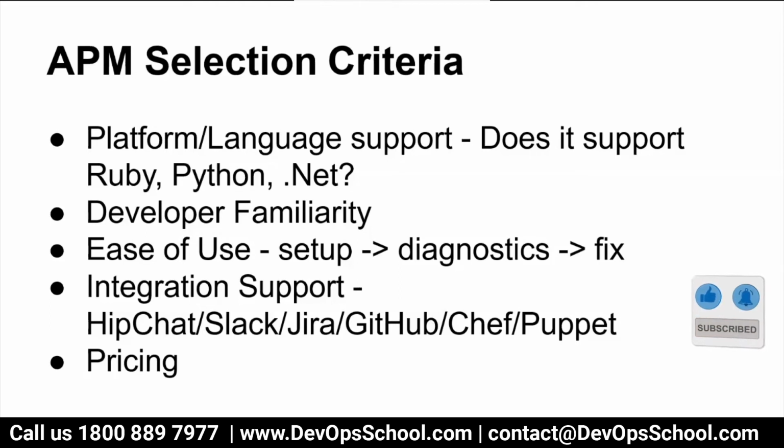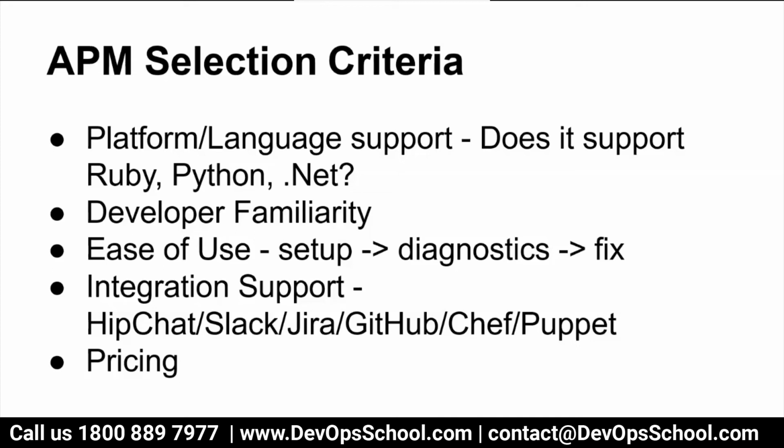Simple. Which language are we using? The first one is language support. So while selecting the APM, you first ask whether my programming language, let's say Ruby or Python, is supported or not. If not supported, take it out. Whether it's familiar, that my developers are familiar with it or not.